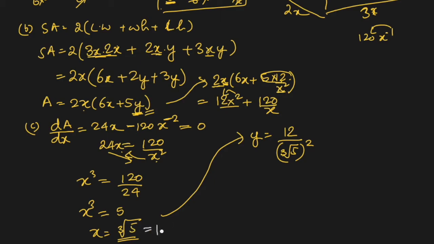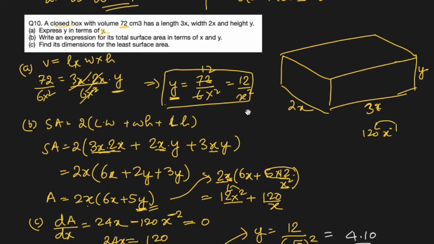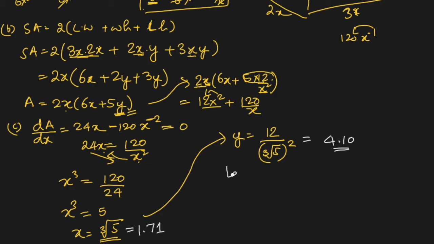This in decimal came out to be 1.7099, so let me write 1.71, and y is 4.10. But the question was find dimensions, not x and y. So length equal to 3x, where x is 1.71, will be 5.13 centimeters.